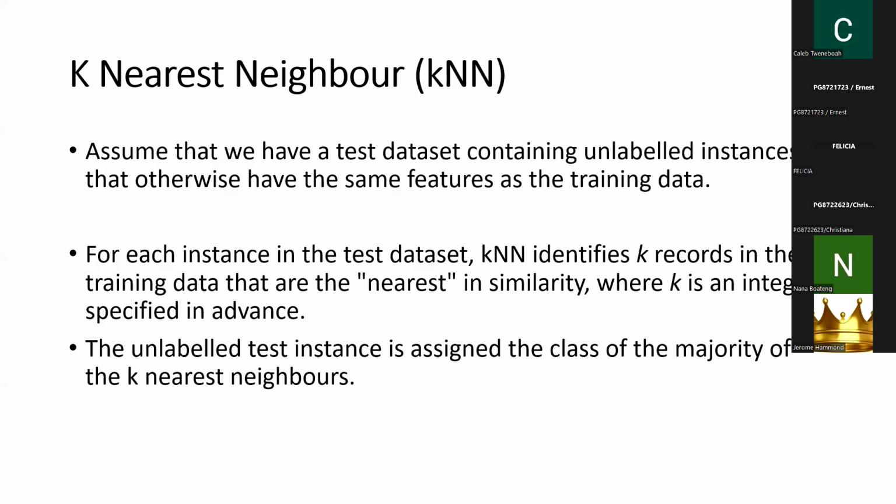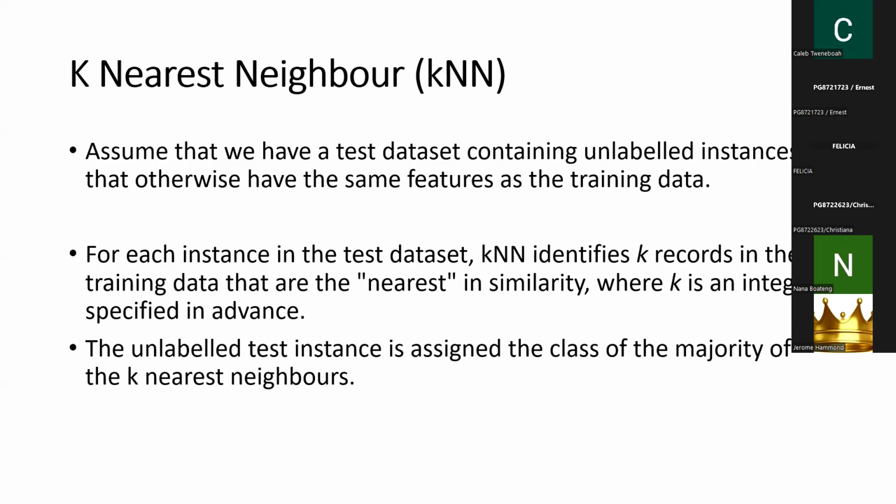I will use a typical example later on to show you how it uses a number of votes. When you specify your K, this is not the same as K-means, so don't confuse it with K-means.